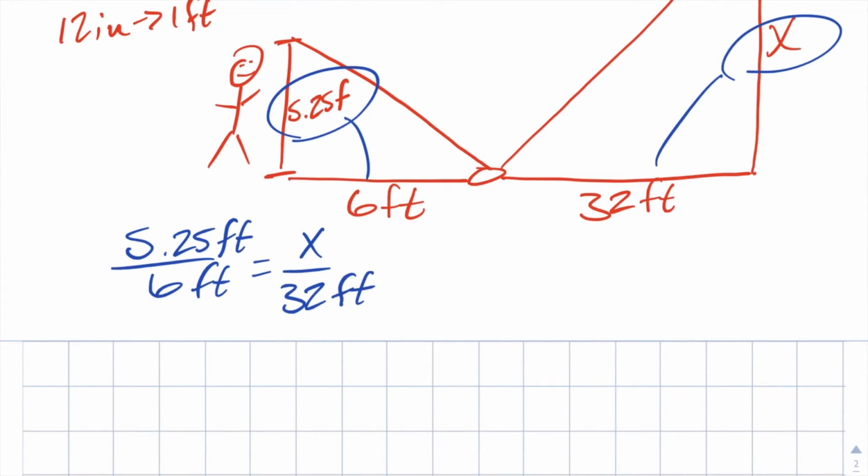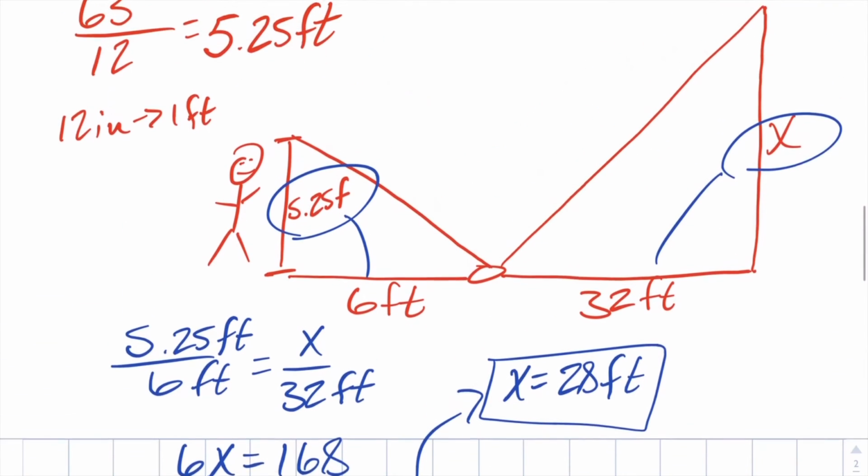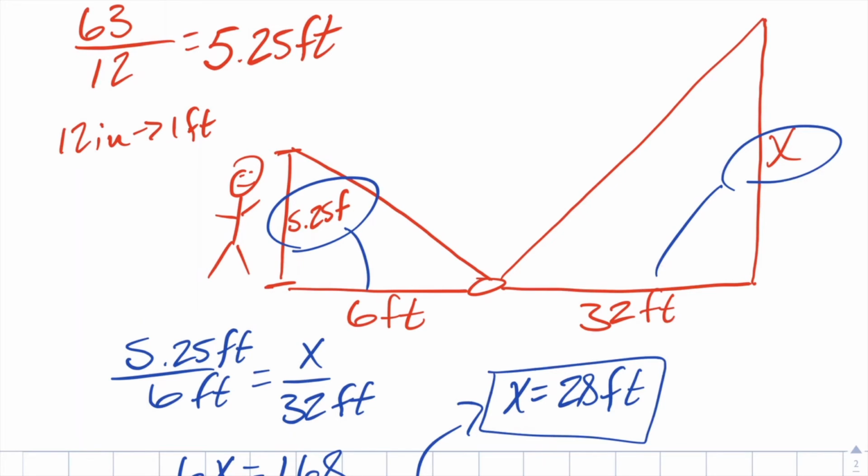We cross multiply and we get 6x equals 168, divided by 6. x equals 28 feet. So that means the height of the building is 28 feet. Okay?